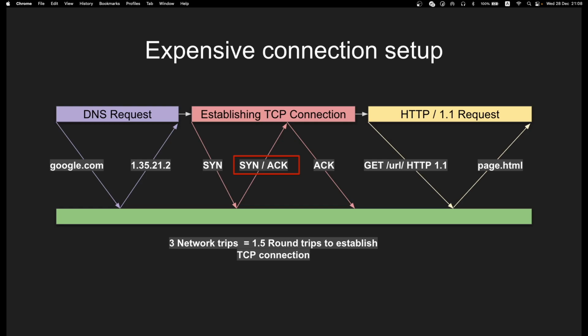Both messages are combined into a single sync and acknowledge message. Finally, the client acknowledges the server sequence number with an acknowledge message. This process adds 3 network trips, or 1.5 round trips, before you send a single HTTP request.